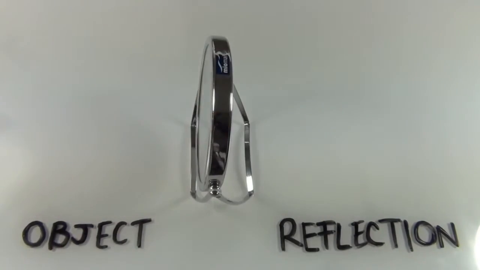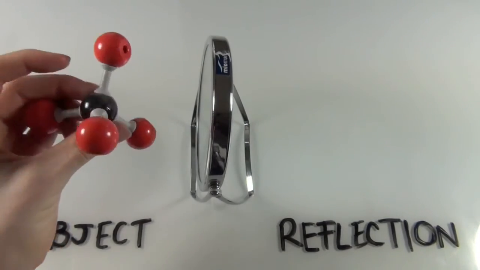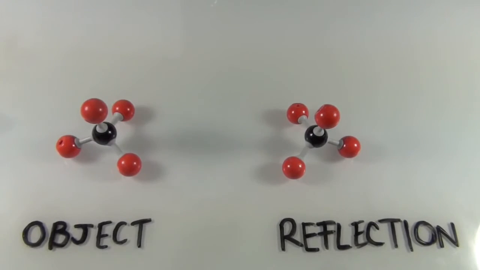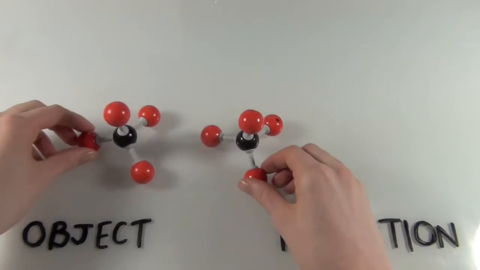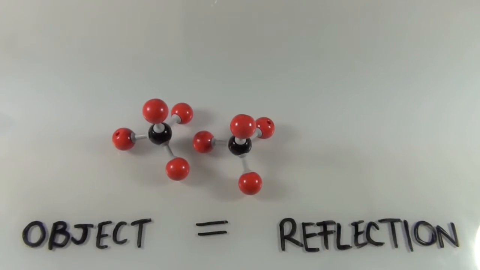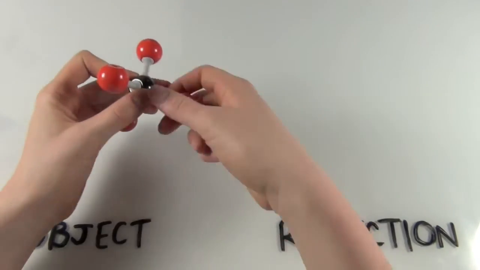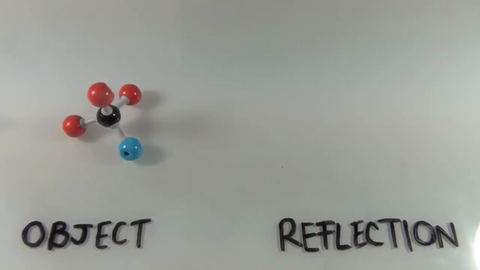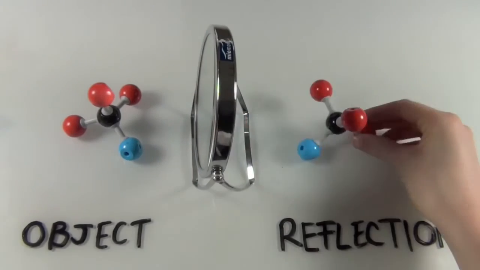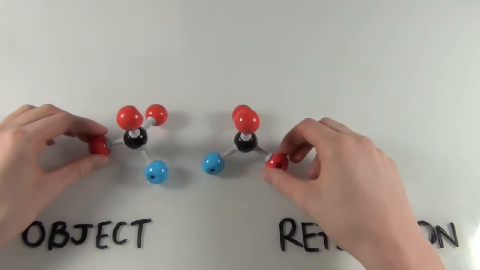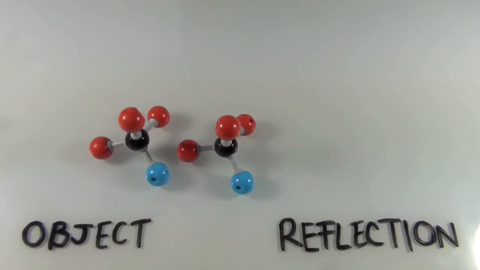Now moving on to some kind of hypothetical molecule. We have the object and its reflection. And again, we can very easily see that the object is identical to its reflection. Now changing one of the balls to blue, we ask again, is the object identical to its reflection? And the answer is yes.